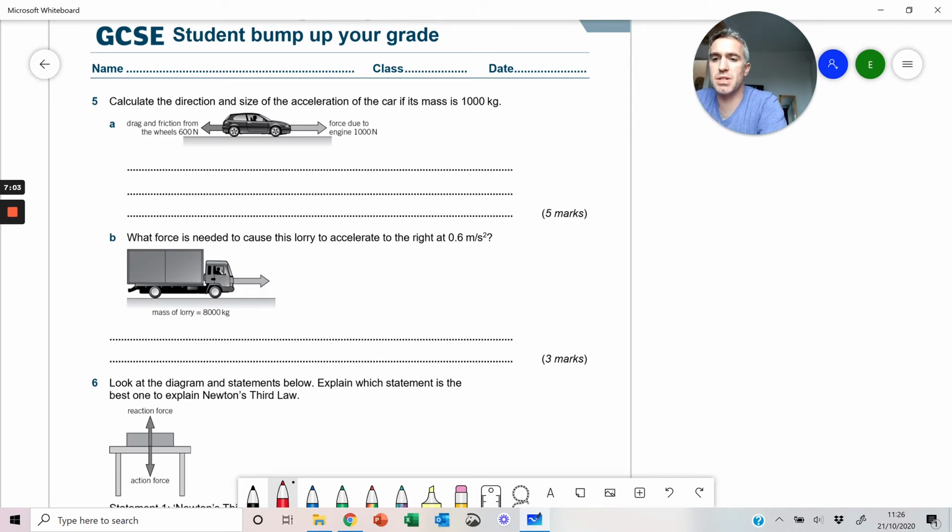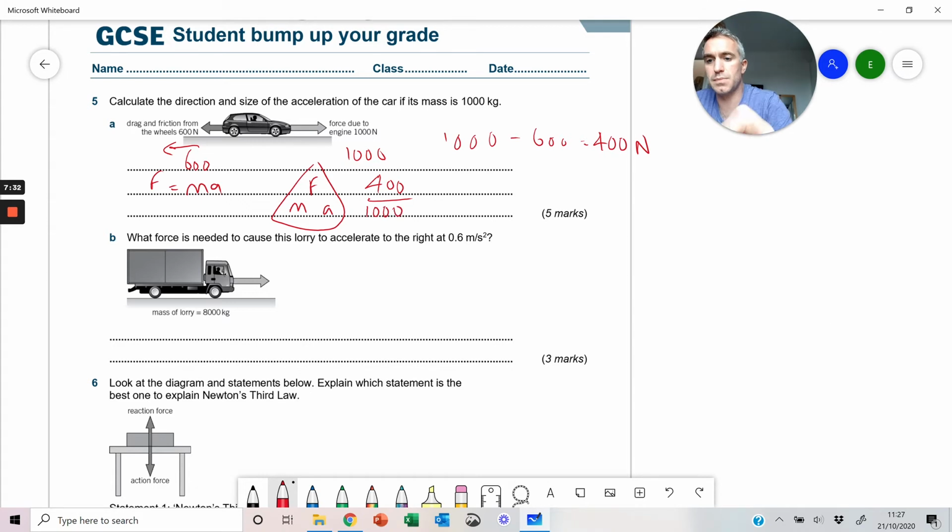Calculate the size and acceleration of the car if its mass is 1000 newtons. So we need F equals ma. First of all, we've got a backwards force of 600, a forward force of 1000, so 1000 minus 600 is 400 newtons forward. So we know the forward force, we know the mass, so this goes into the little triangle like that. So 400 forward divided by 1000, 0.4 meters per second squared.